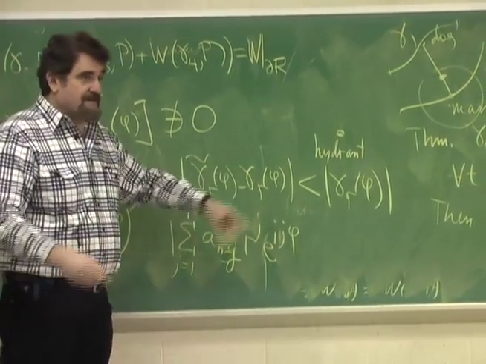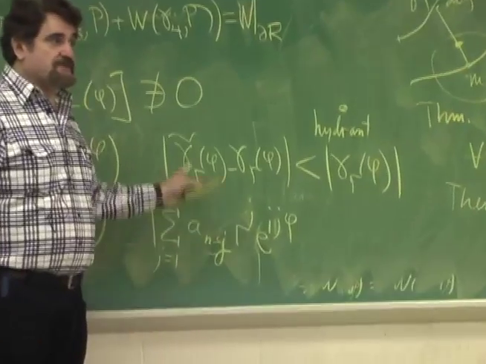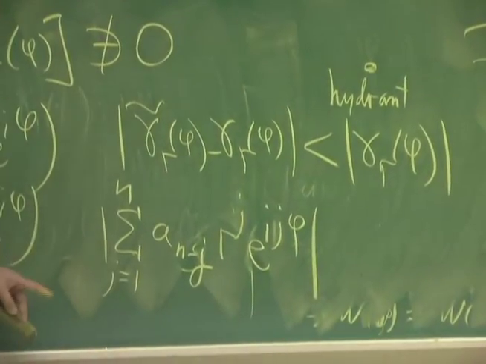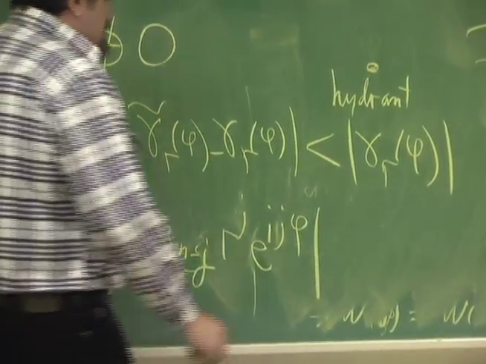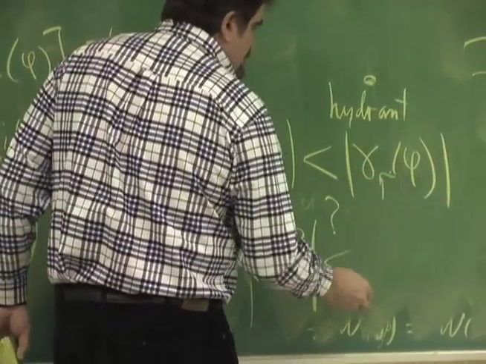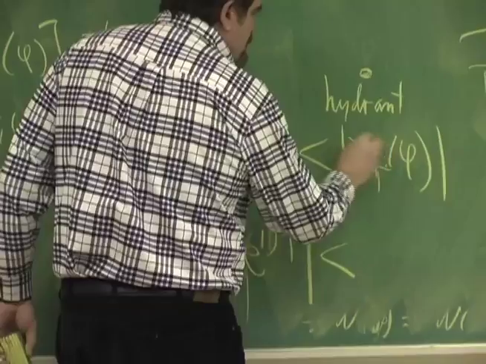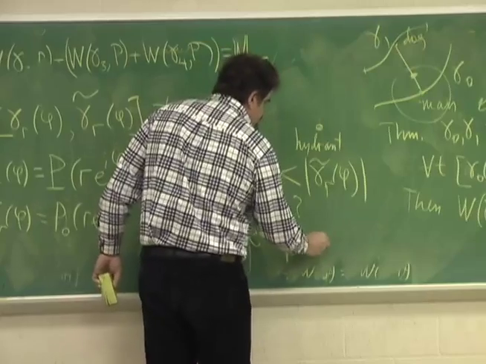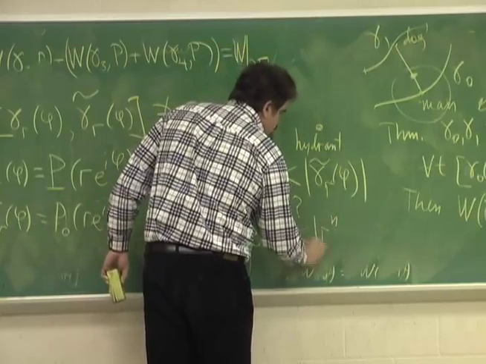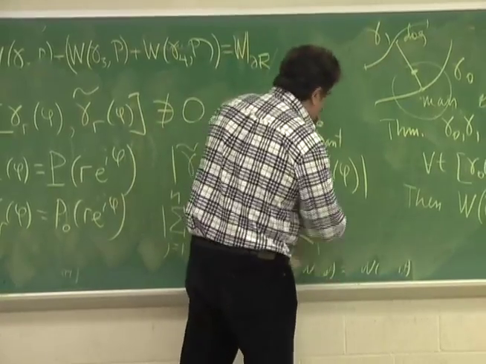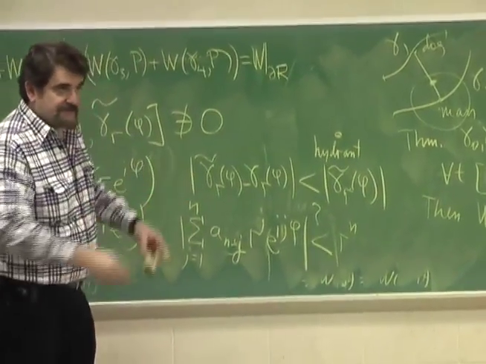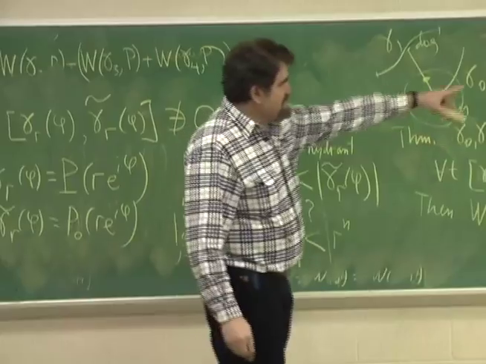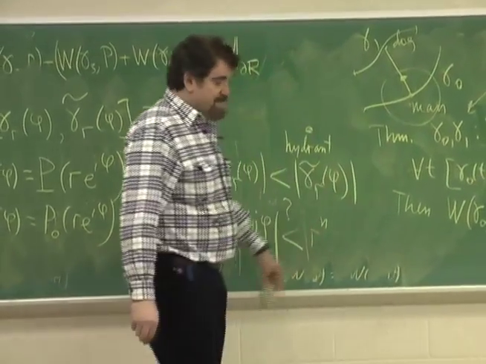When I subtract, the top terms cancel out, and that's what I get. And this is simply r to the n, because it is the absolute value. It is a simple polynomial, so it is r to the n.